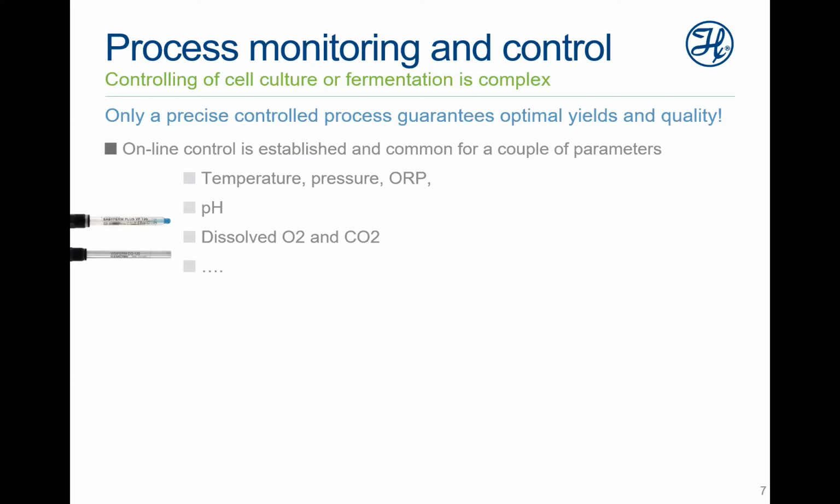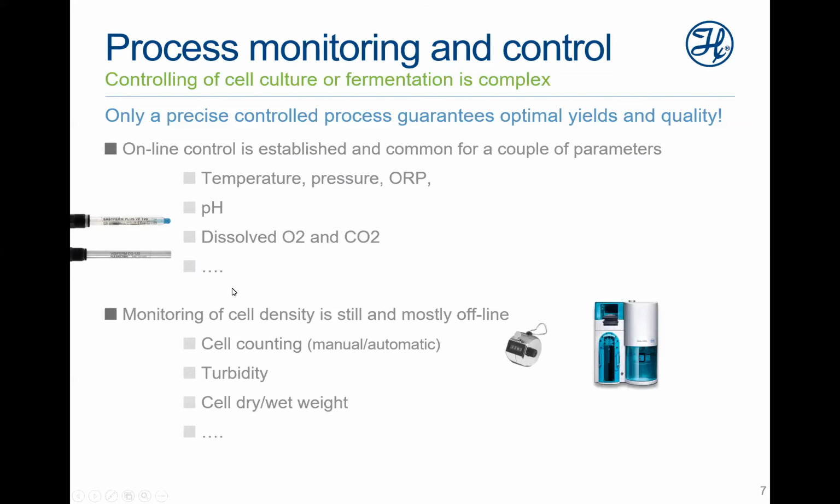But surprisingly, these very cells, the real and actual engine of your production, are still measured offline. And many methods are common for cell counting. The worst case is the manual counter using a microscope and counting cells by hand. It's a little bit better to do that with a trypan blue based automatic counter.